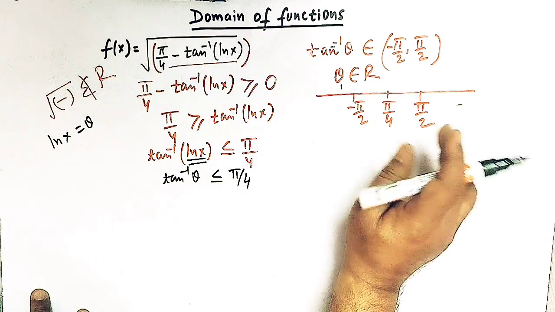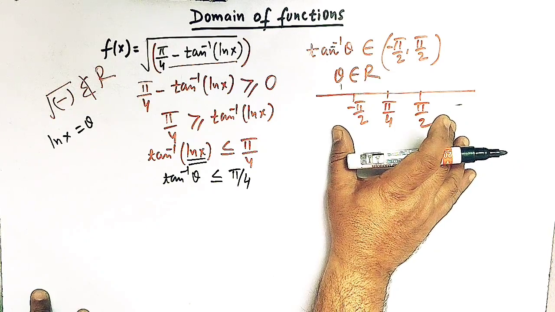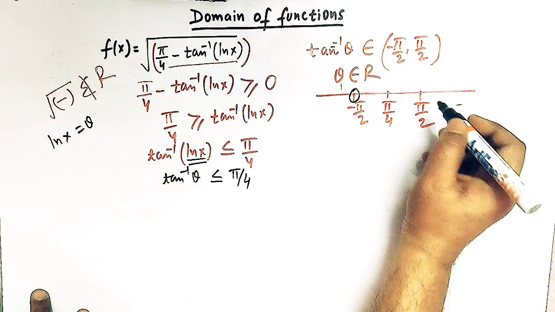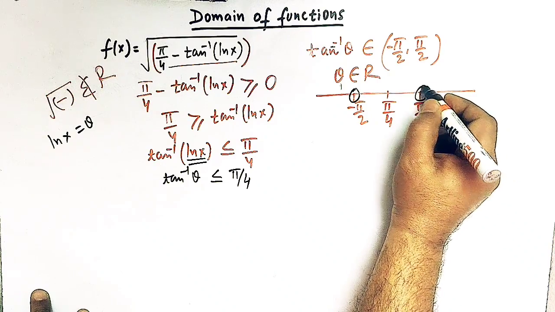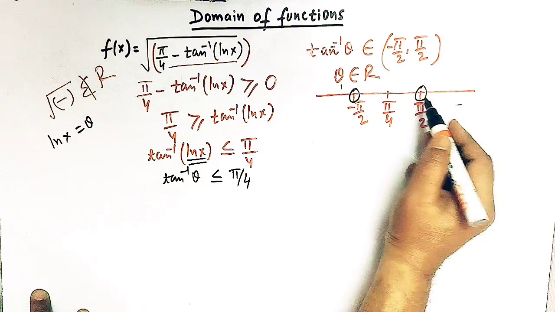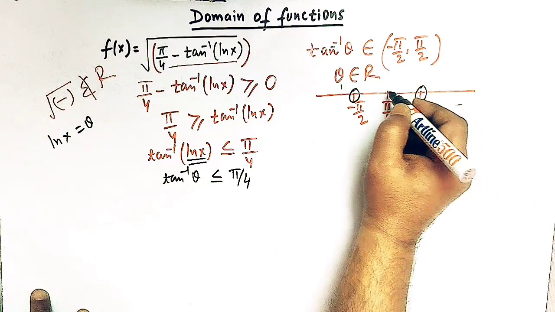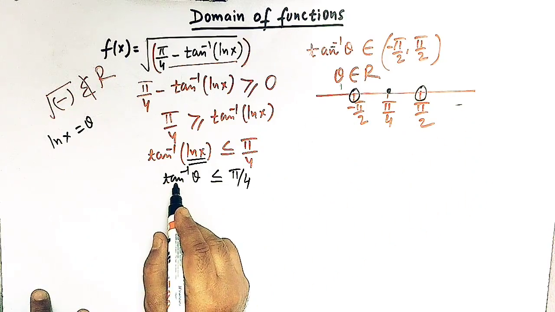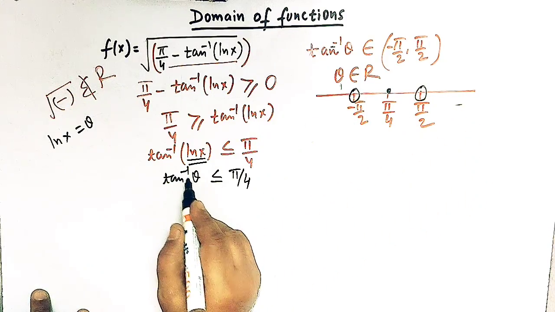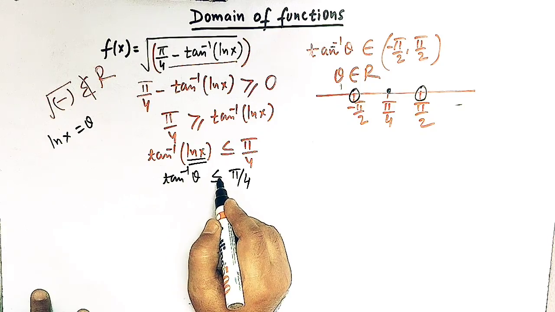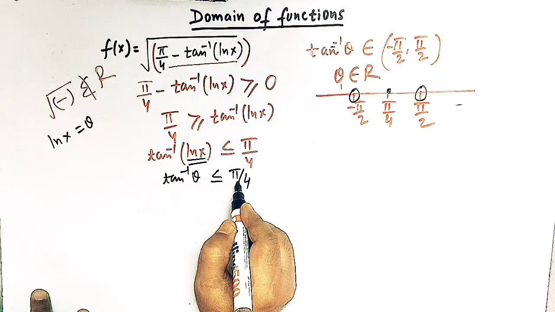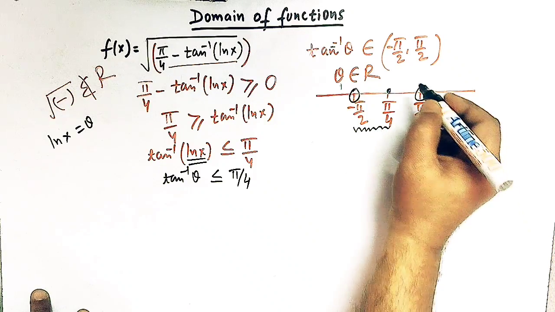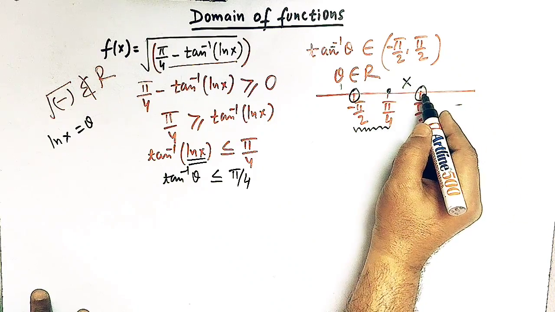So now if we look at this real number line, here minus pi by 2 is not included, and pi by 2 is also not included, but here we have pi by 4, and this pi by 4 is included. Now this inequality says that tan inverse theta has to be less than or equal to pi by 4, so we must consider this interval, and we cannot take this interval, right?